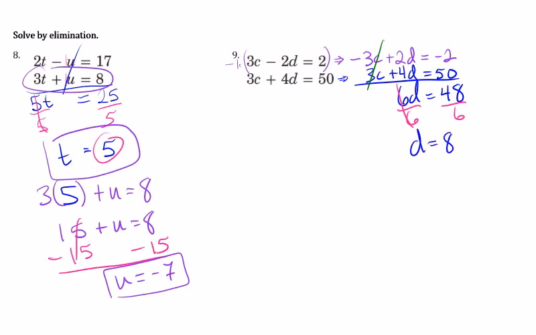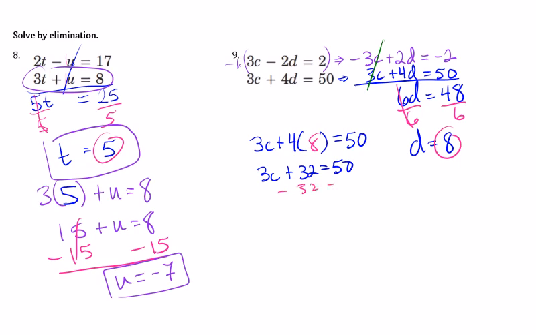Now I can plug that in for one of the other equations. You can plug it into any one you want. I'll just do this one right here because, once again, everything's positive. So I'm going to do 3c plus 4, leaving space for the d, equals 50. Then I'm going to take this value 8 and plug it in there. So we get 3c plus 32 equals 50.